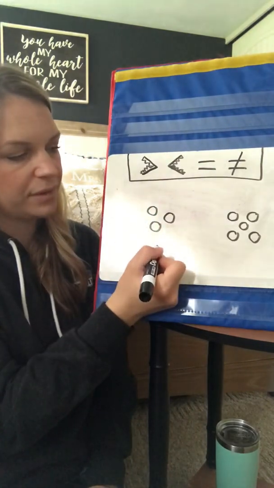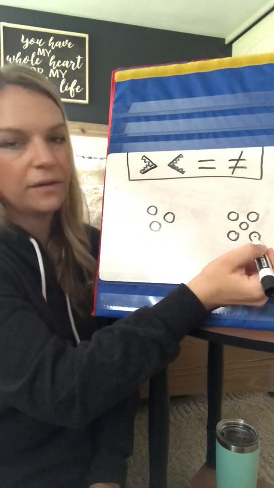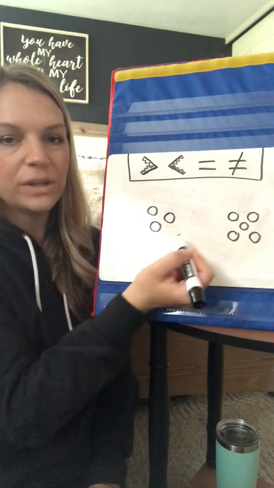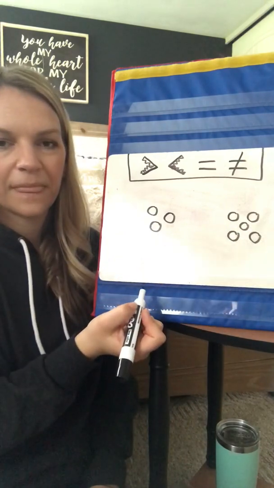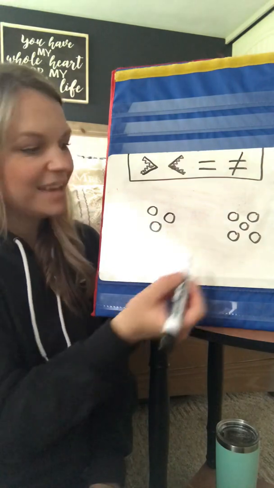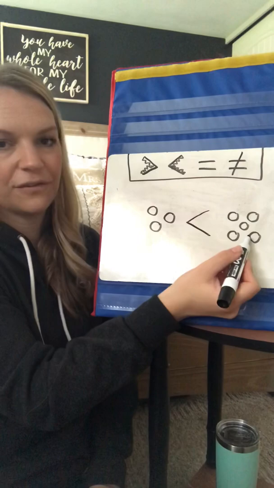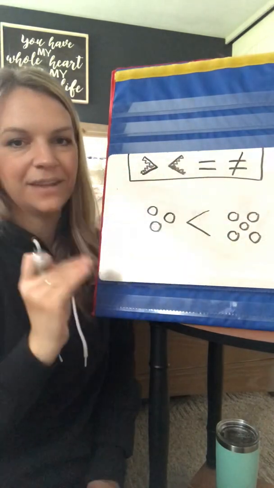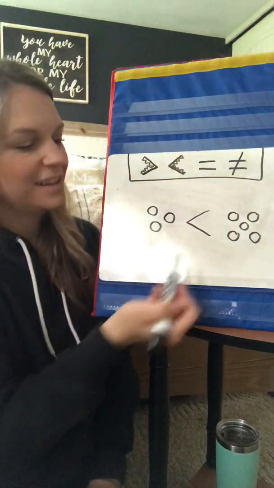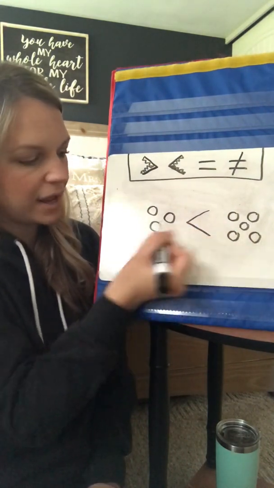Okay, so remember we have 3 over here, and 1, 2, 3, 4, 5 on this side. Which number is bigger? Yeah, the 5 is bigger, so we want our mouth to face the 5. Do you see how it looks like it's going to go over there and eat the 5? Good.